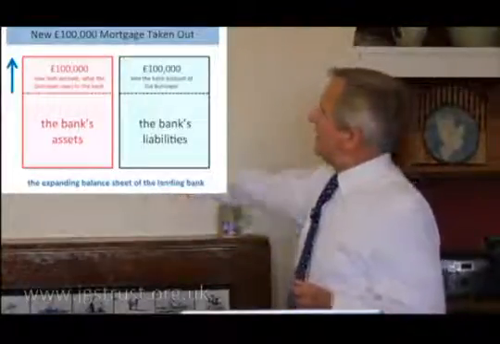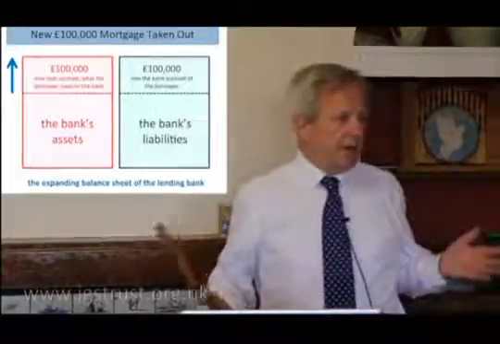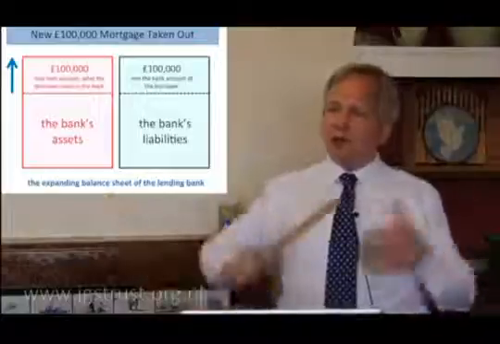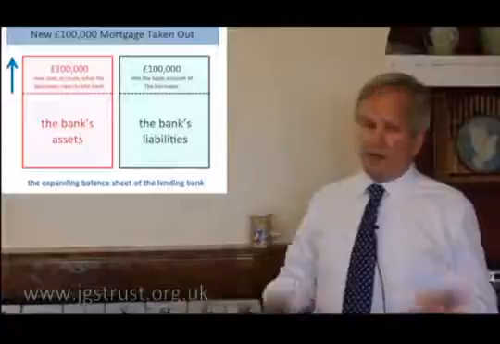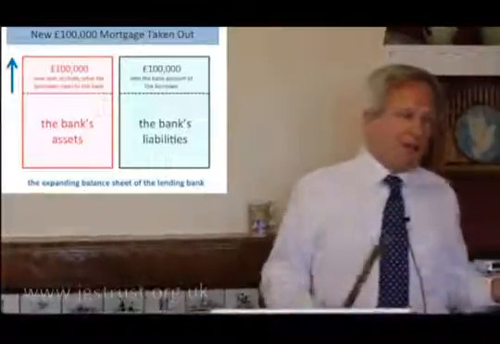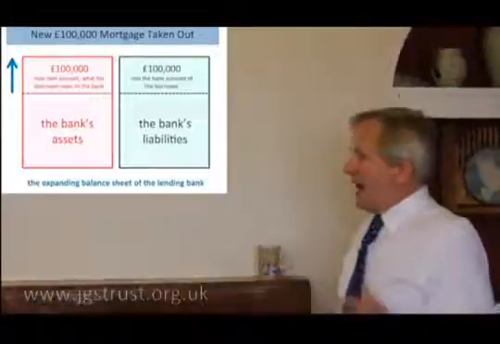The bank's assets go up £100,000 because this person who walked in the door now owes the bank £100,000, which wasn't owed to the bank before. So the bank's got £100,000 extra assets to what it had before the event. How is that balanced?